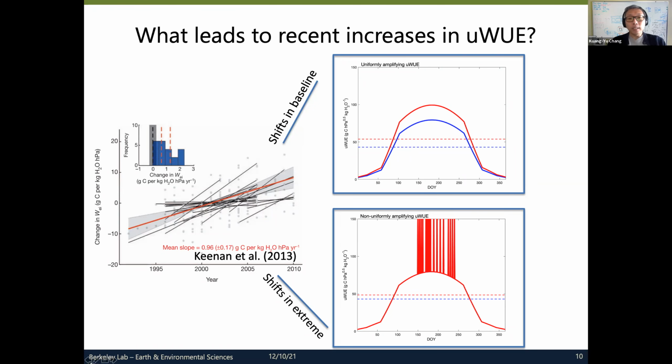To investigate how emerging water use efficiency trends may be affected by shifts in extreme events, we need a metric to properly identify favorable weather conditions and then quantify the temporal variation in favorable weather conditions.